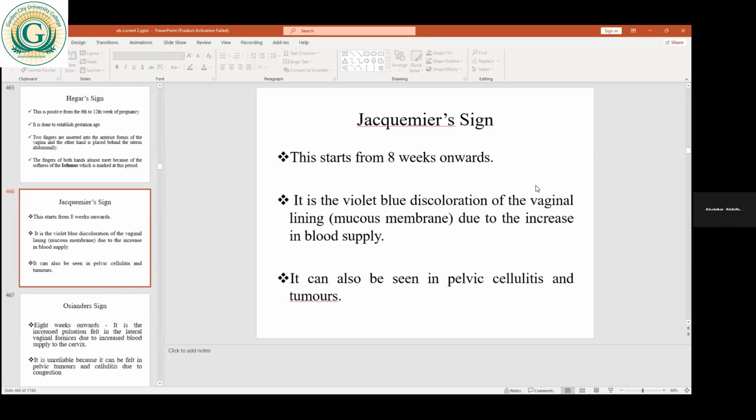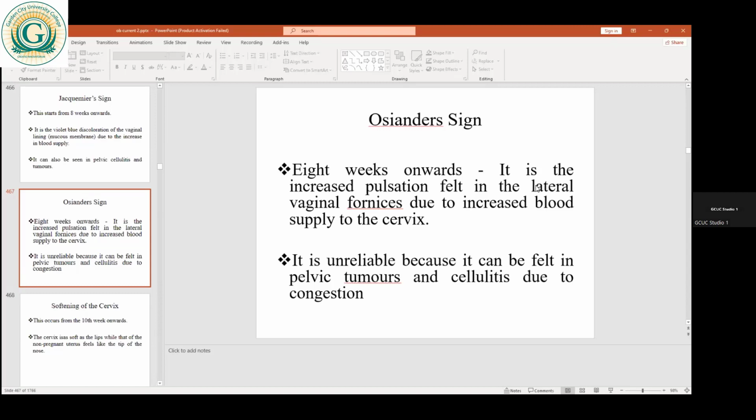And then we have another sign we call Osiander's sign, from 8 weeks onwards in pregnancy. In this sign, there's increased pulsation in the lateral fornix. When you put your hand there's pulsation, but it can also happen in cellulitis and in tumors, so it's not a very reliable sign.